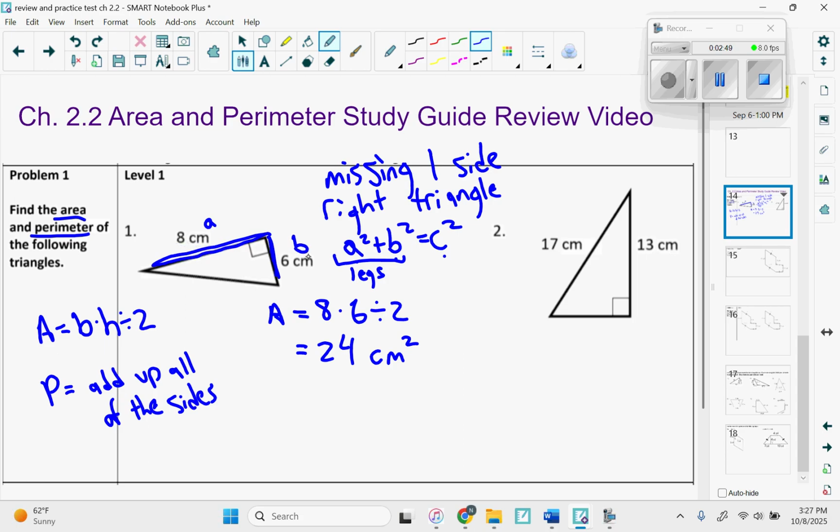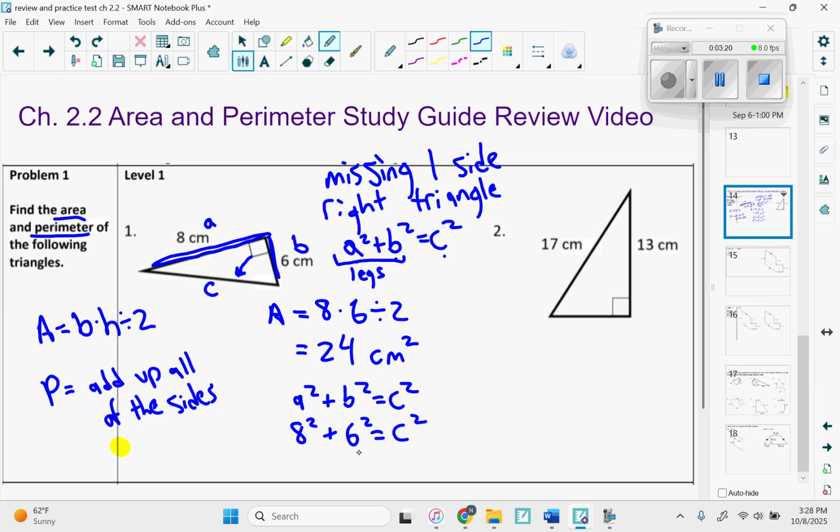That means C, the hypotenuse, which is across from your right angle, is what we're trying to find in this problem. So let me fill these in. Again, starting with the Pythagorean theorem, we know A is 8, we know B is 6, and we don't know C, so we'll leave it there.